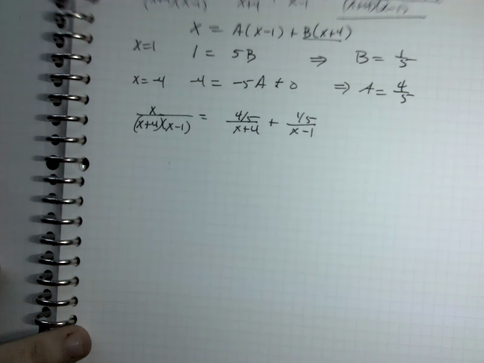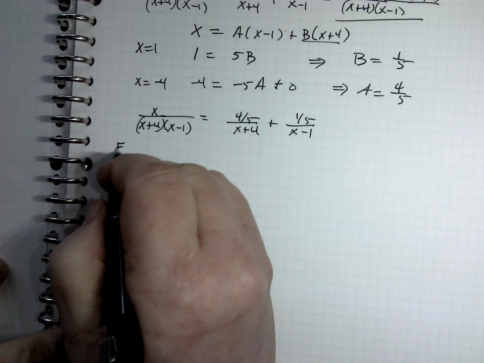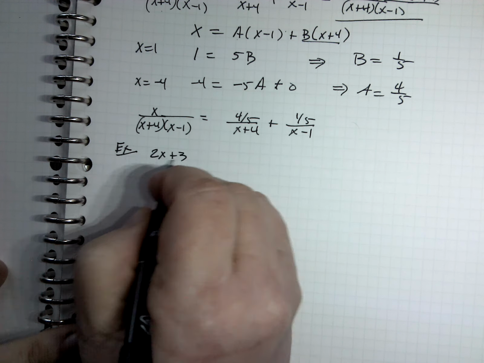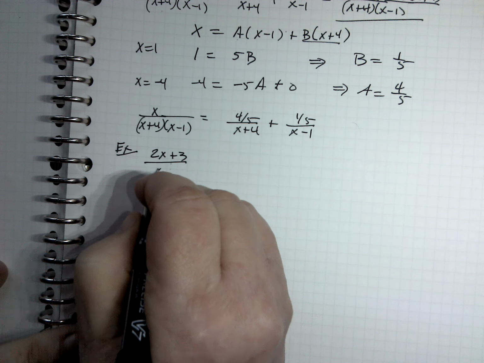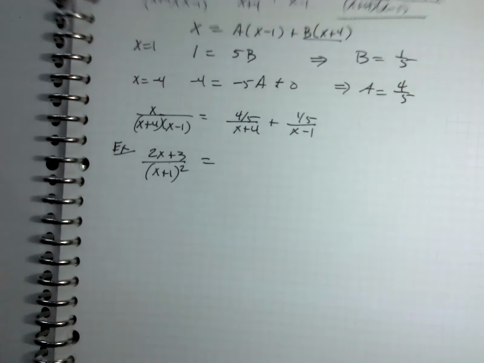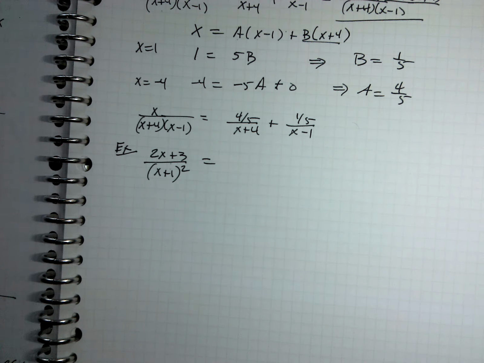Let's try another one. Let's say I have (2x plus 3) over (x plus 1) squared. Now I have two linear factors, but they're the same thing. So I need to look at what happens when it's only one of the x plus 1s and when there are two of the x plus 1s.